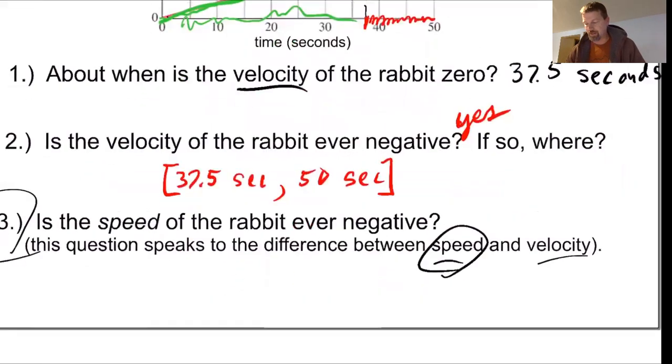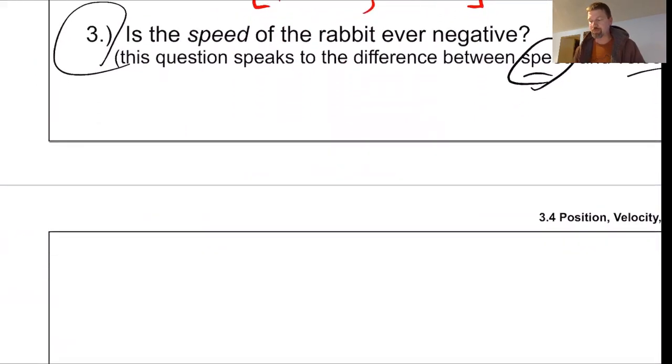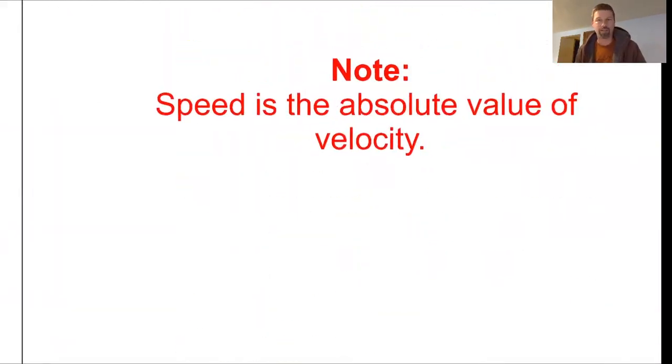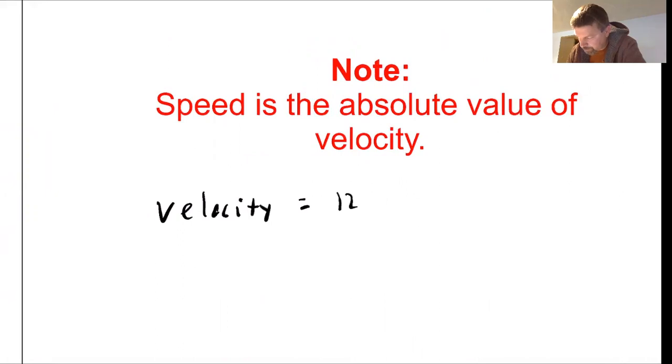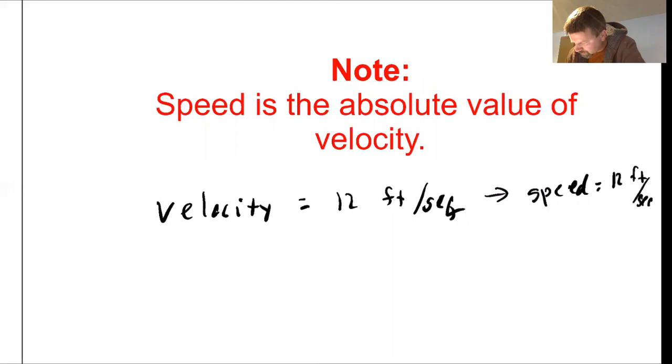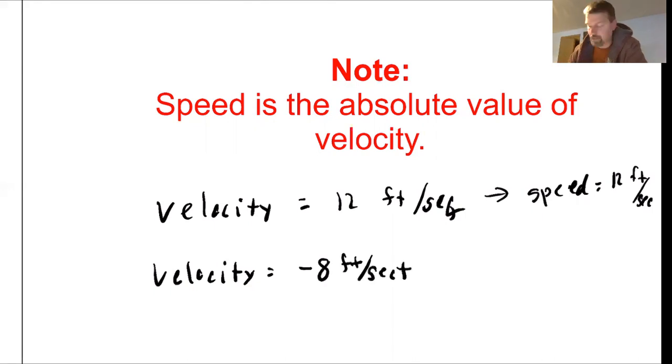So that leads to this. Speed is the absolute value of velocity. In other words, if velocity equals 12 feet per second, then so does speed. But if velocity equals a negative 8 feet per second, meaning you're going 8 feet per second in reverse, your speed is still 8 feet per second.